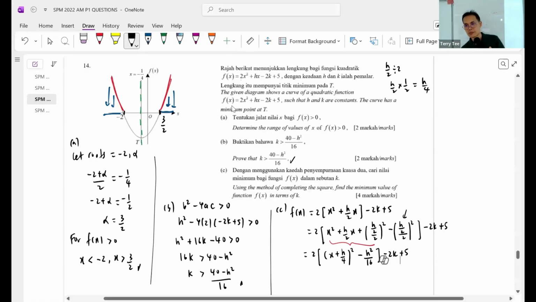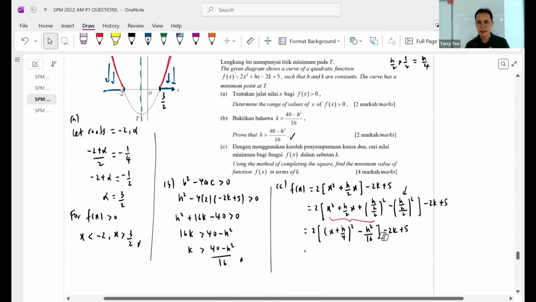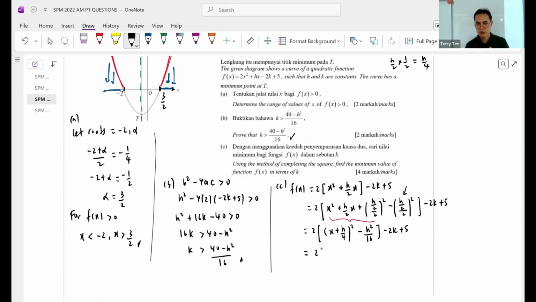Okay, let me move on a bit. Now from here, we need to multiply the 2 back inside. There's a 2 of (x plus h over 4) squared minus h squared over 8. Why 8? 2 and 16, you times and you cancel them off. Left with h squared over 8. Then followed by minus 2k plus 5.